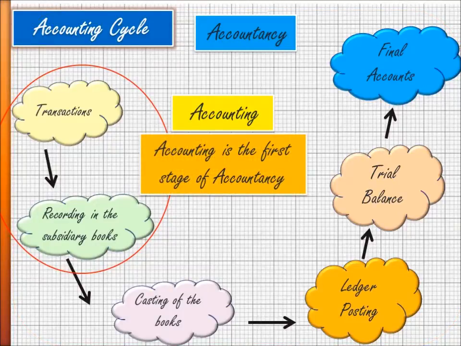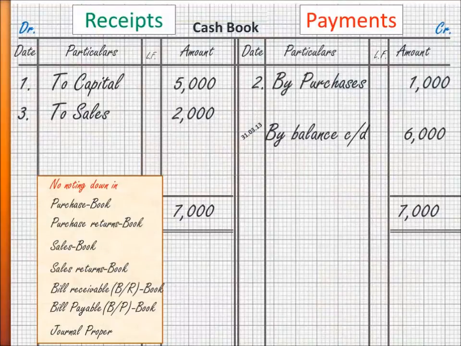If accountancy is divided into different stages, the first stage is called accounting. Accounting means noting down of the transactions in subsidiary books. So I have noted down all the transactions in the cash book, but there was no purchase book or sales book because there was no need to prepare all these things. So I have completed accounting.